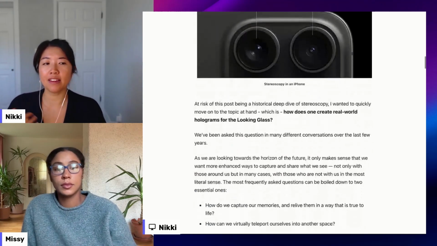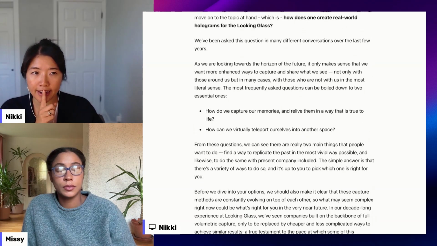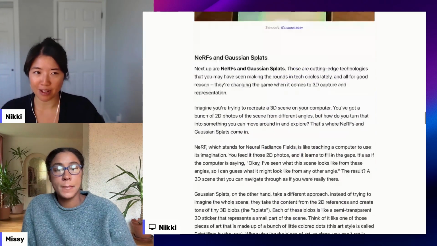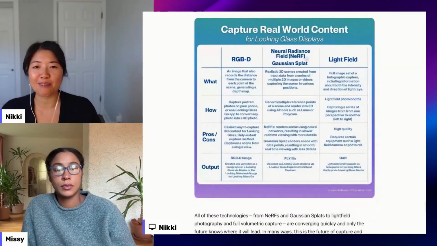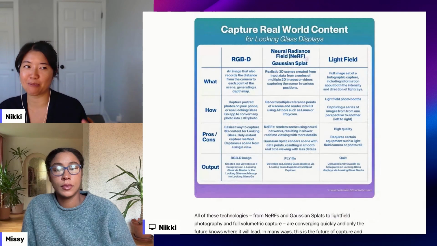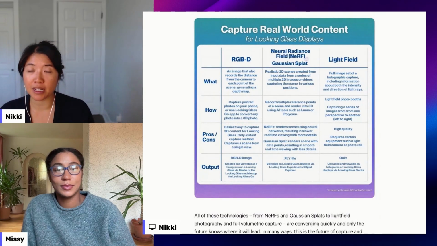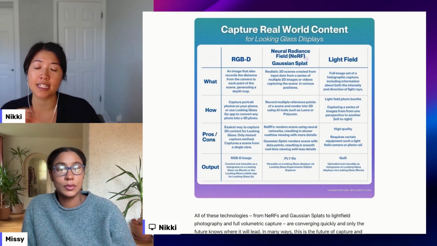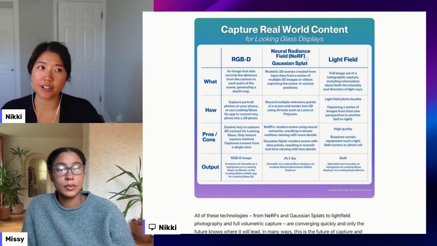Cool. So that's a little bit about the background. The first thing we said we would cover today is, and I'm just going to skip through all of this and remind everyone that at the very bottom of this blog post, our newest member, Reed, who was an incredible collaborator on this blog post, put together a super simple table breaking down these many different techniques of ways that you can display and capture real world content for a Looking Glass.